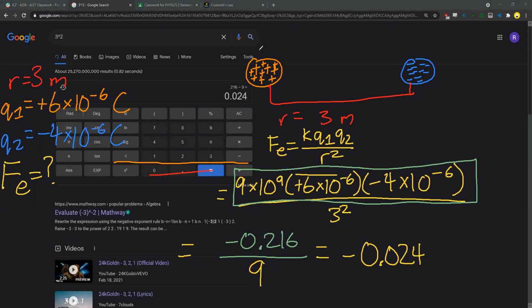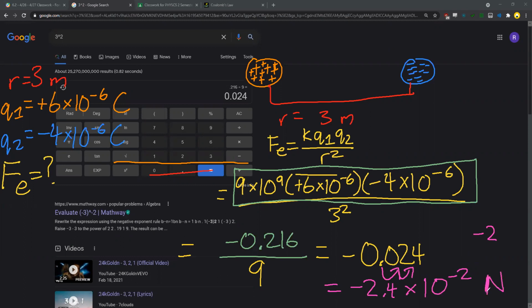And if I were to simplify this, I'm moving my decimal to the right, which means I'm subtracting an exponent of negative 2. So this becomes negative 2.4 times 10 to the negative 2 newtons.